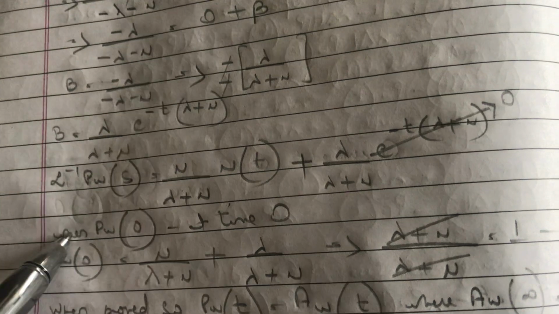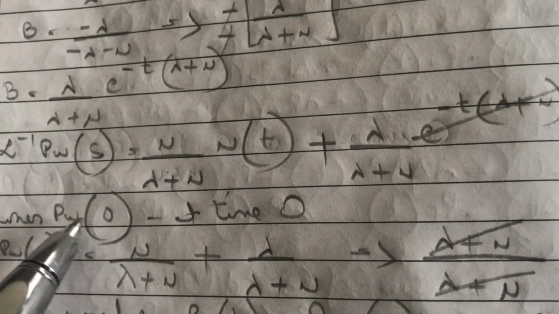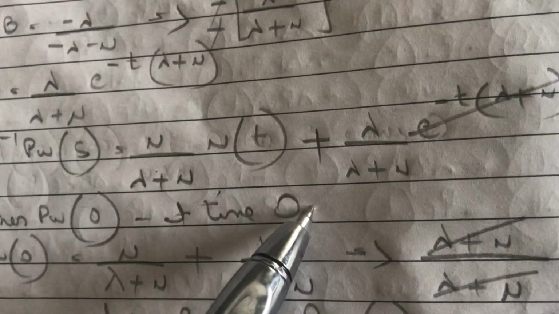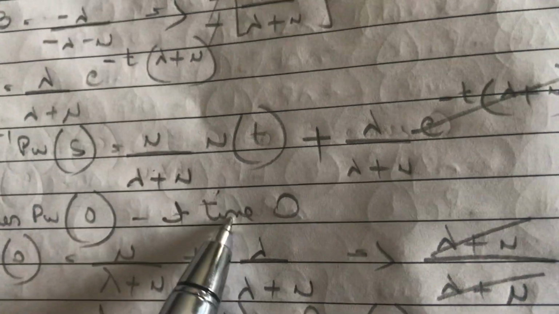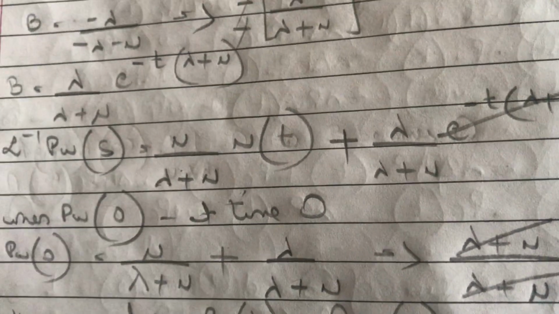Okay, now we are talking about when P_W is at time 0. When we are talking about time 0, what are we going to get? Obviously when we bring this to time 0, time is 0, so this thing multiplies by 0, and e to the 0 is 1.